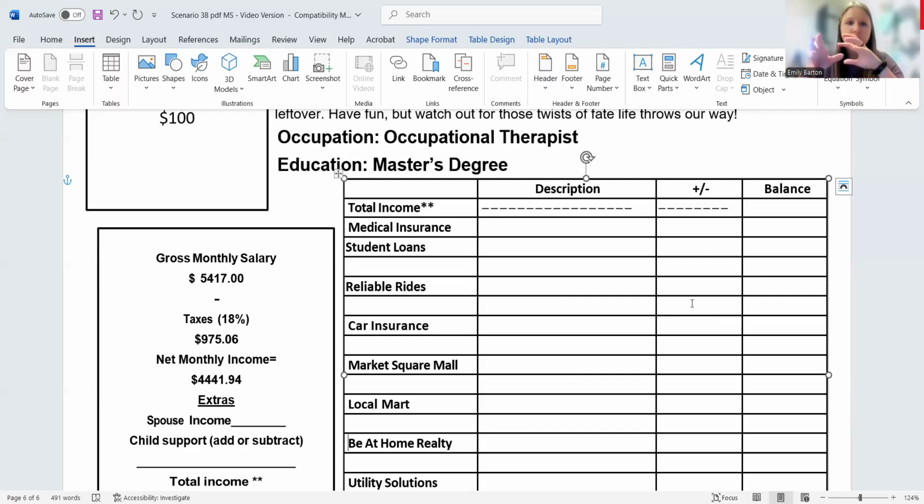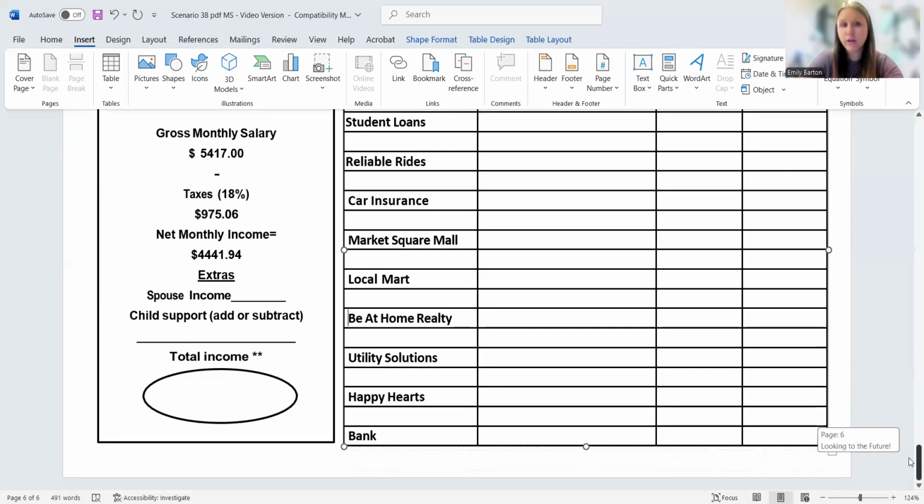When you look at these particular situations, they also line up with your salary box. So you'll notice, depending on what degree or trade you have, a different amount of money to spend.